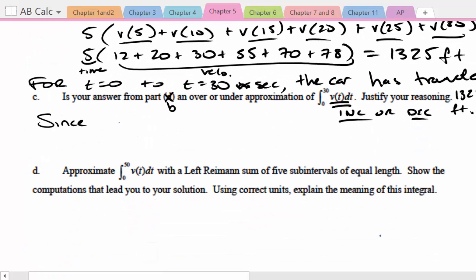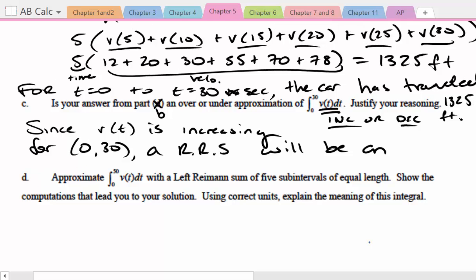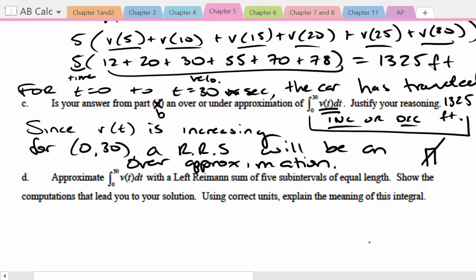So since v of t is increasing for the interval 0 to 30, a right Riemann sum will be, and now I am going to draw this just to make sure, an increasing right Riemann sum, it's an over approximation, will be an over approximation.